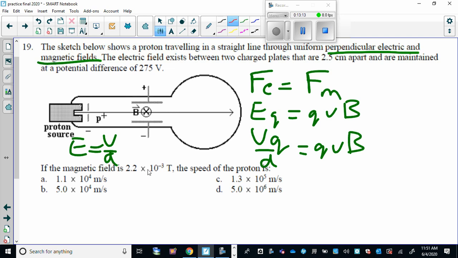So v equals big V, small d, big B. So v equals the voltage divided by the distance, times the magnetic field strength. Make sure you change the 2.5 to 0.025. And the magnetic field strength is given to you. Plug those numbers in and you end up getting D.